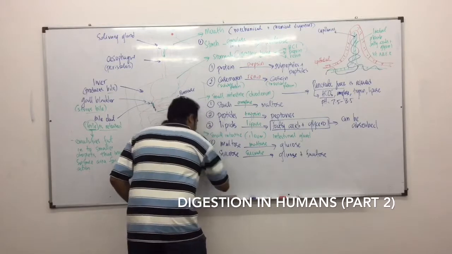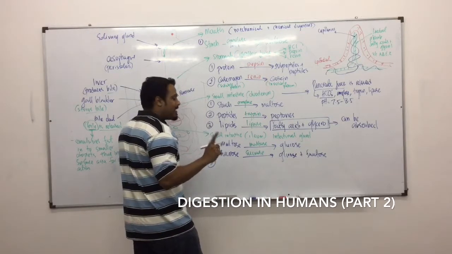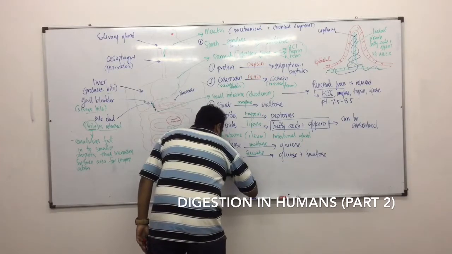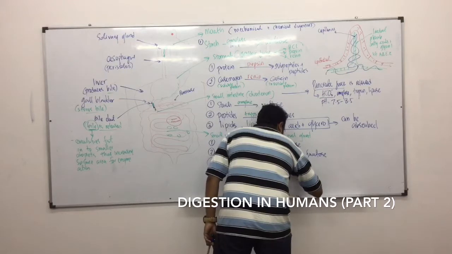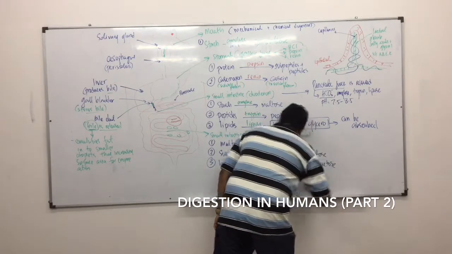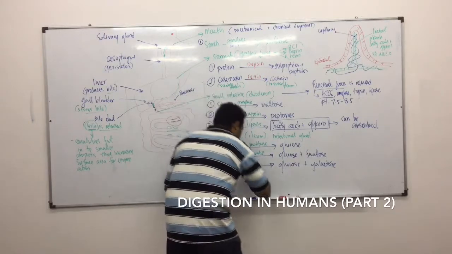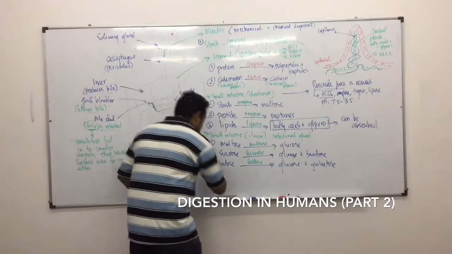Okay, and last one? One more disaccharide. Lactose, yes. Lactose is broken down into glucose and galactose, and the enzyme is? Very good. Lactase. And then the last part, one more only left.